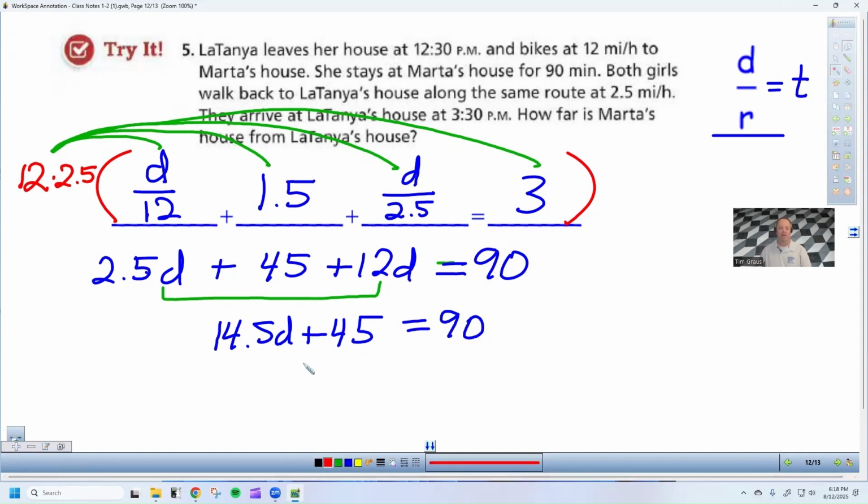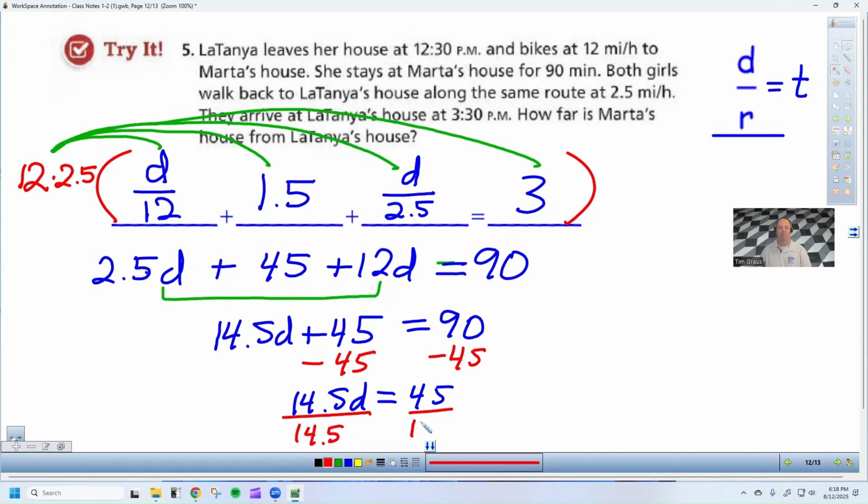So I'm going to subtract 45 from both sides of this equation. Leaves me with 14.5d is equal to 45. Finally, I'm going to divide both sides by 14.5 so I can undo that multiplication.